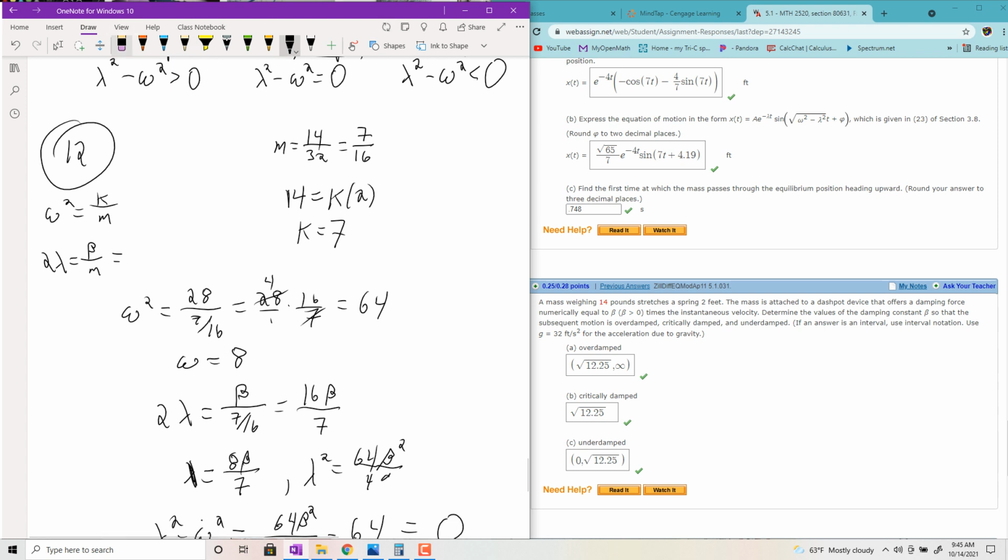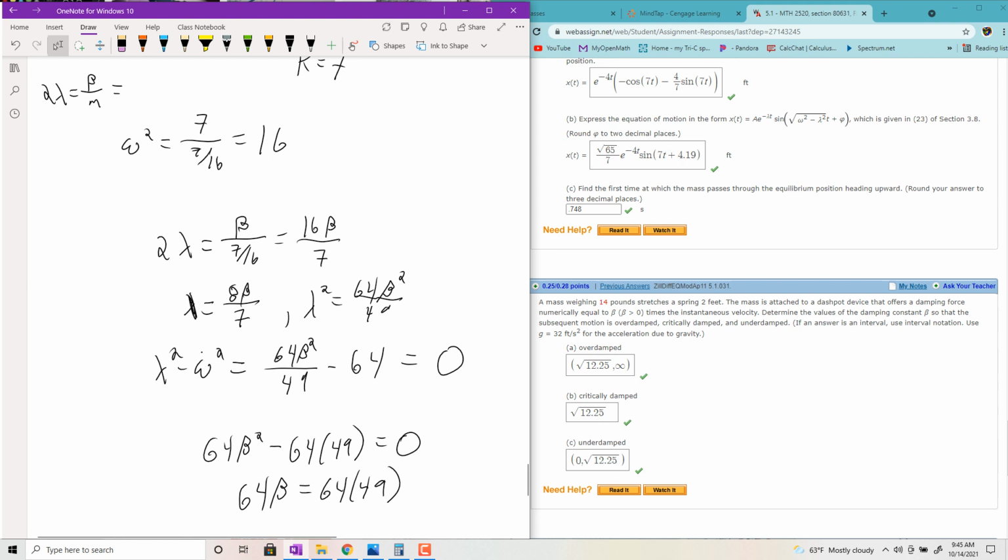That makes omega squared here kind of screwed up. So this is going to be 7. Taking reciprocals, I'll just have to make this 16. And so this guy is going to be 16 here.